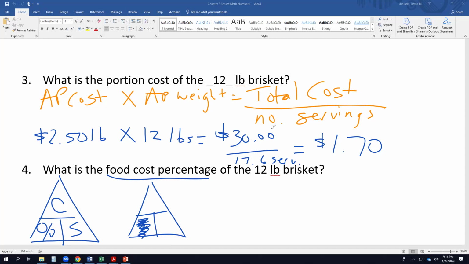How much is our cost? $1.70. Go ahead and write the numbers in the little sections. How much do we sell it for? $16.95.